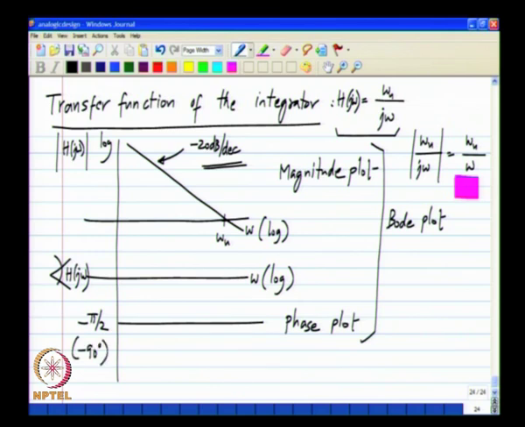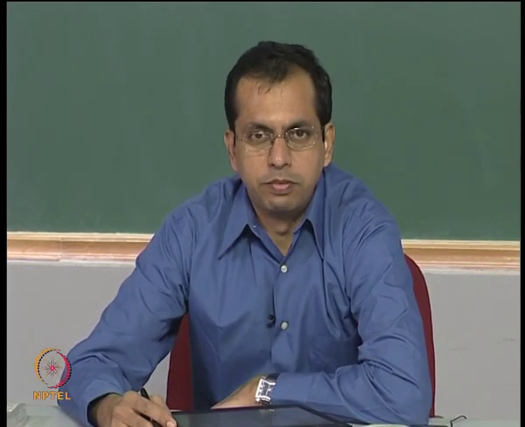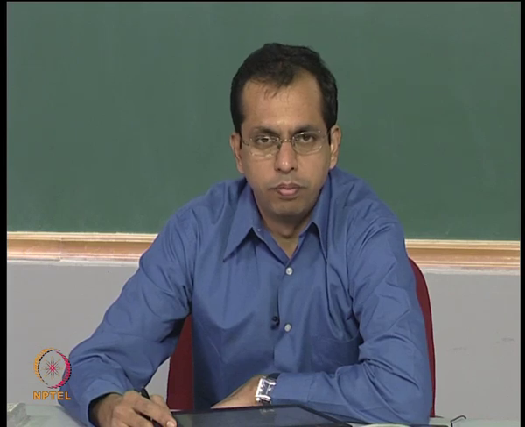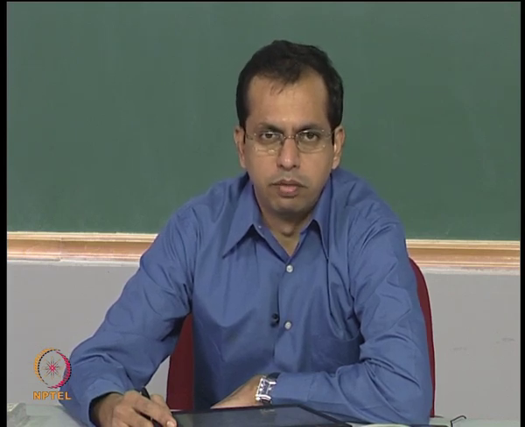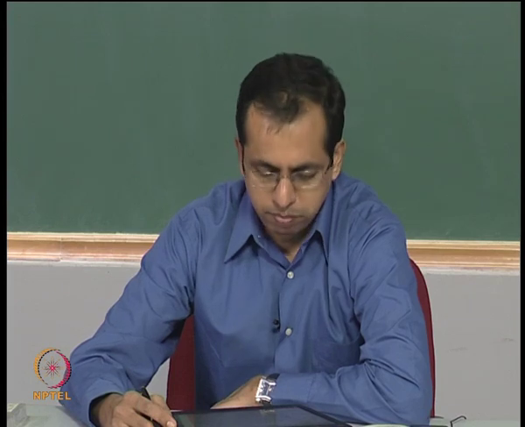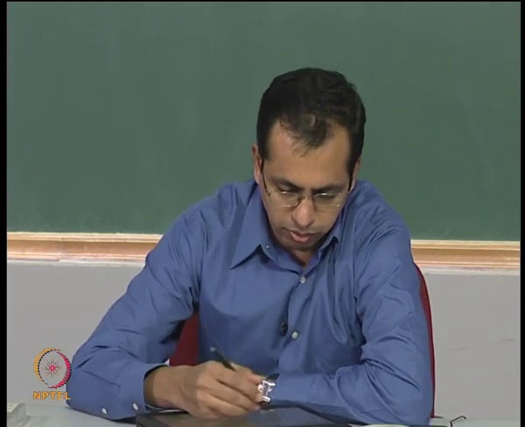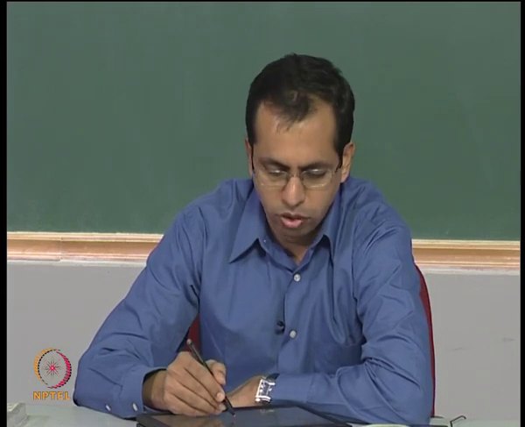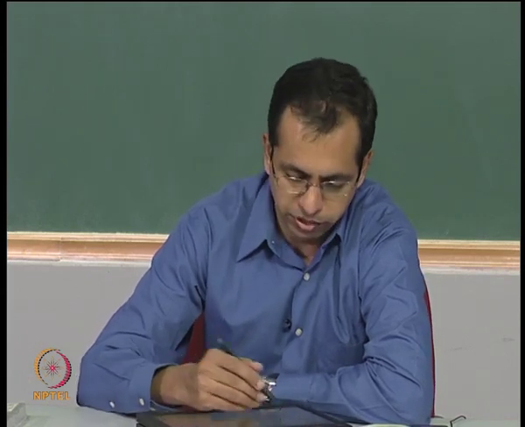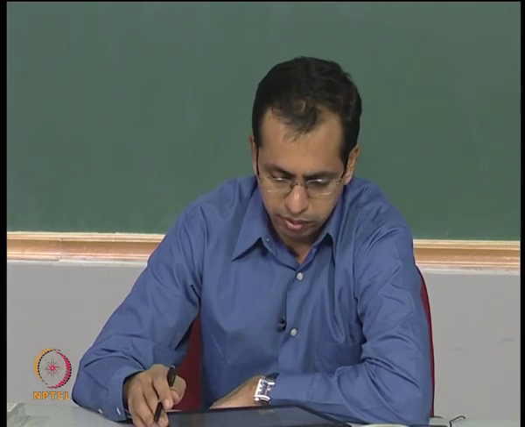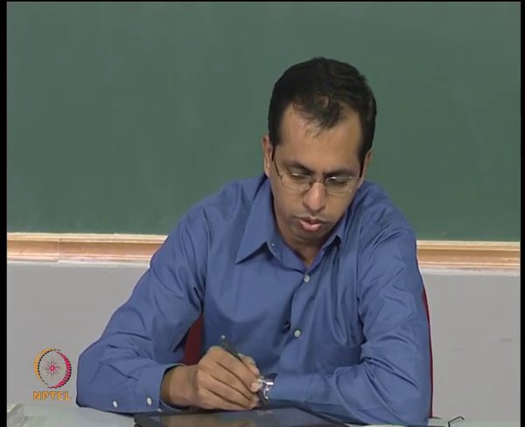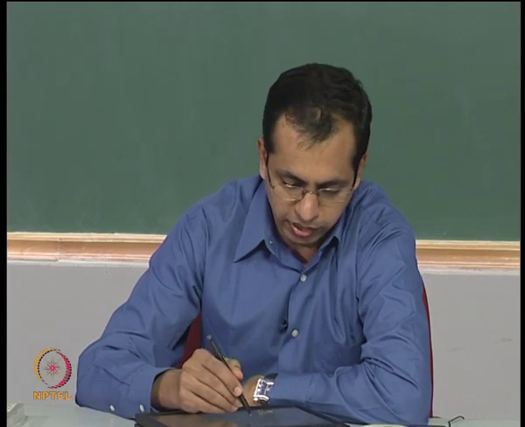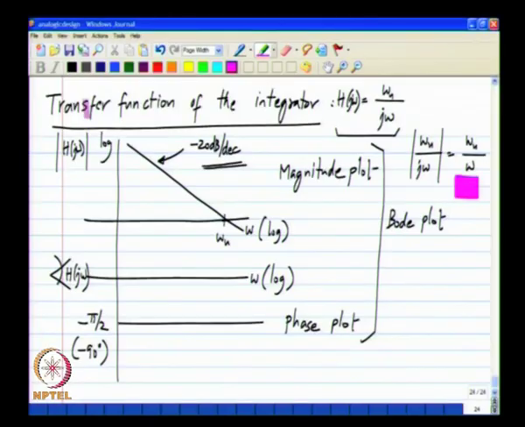So, the integrator's transfer function has a magnitude that is decreasing with frequency at 20 dB per decade slope, and it has a phase which is constantly minus 90 degrees for all frequencies. Note that in the Bode plot you do not have a representation for DC because the x axis is a log scale and you cannot represent 0 frequency on a log scale. But you can extend it down to as low a frequency as you want, and for an integrator the magnitude will keep on increasing as you go to lower and lower frequencies.